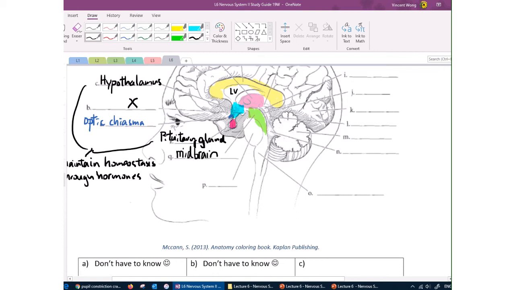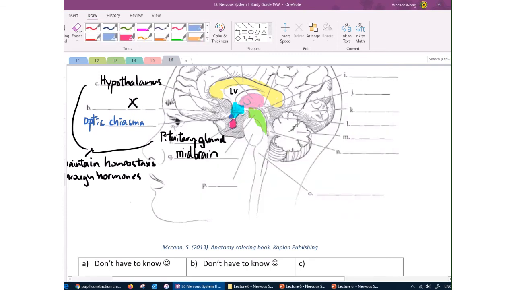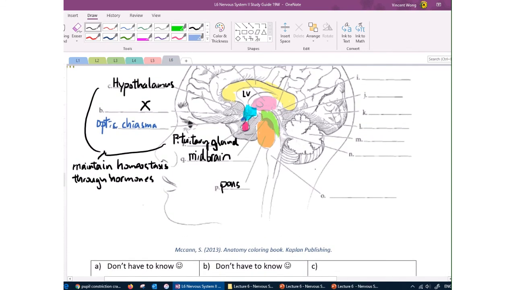Okay, and below that is another oval-looking structure right here. That is the pons. Okay, P for pons, and that actually means a bridge, right? And a bridge connects things together, right? So basically, the pons allows connection of various tracts that are going through from different parts of the brain.